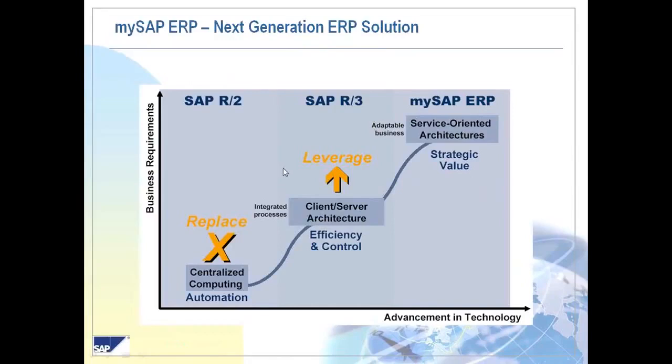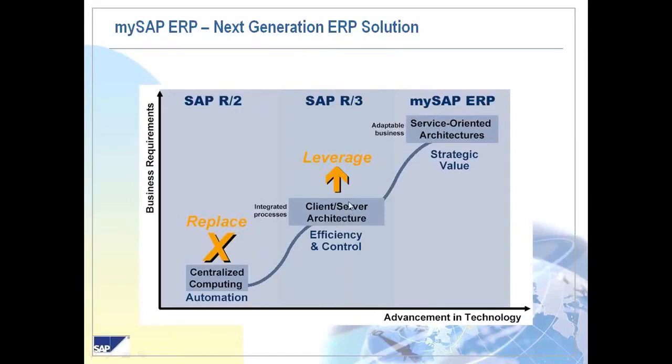Now if we come to ERP solutions, initially it was the SAP R/2 system. It is a centralized computing system, also based on automation. It was developed as SAP R/3, that is client server architecture.